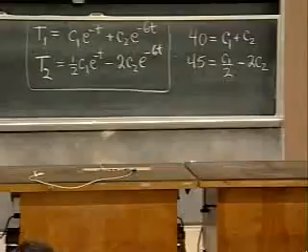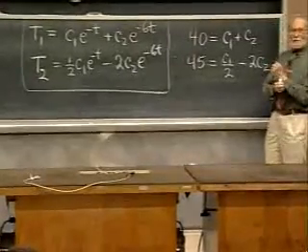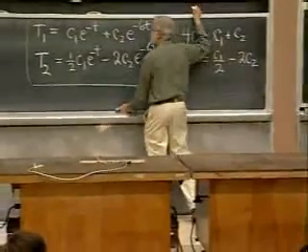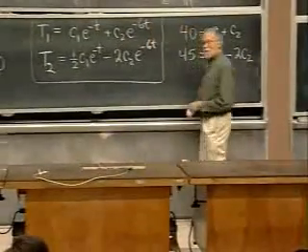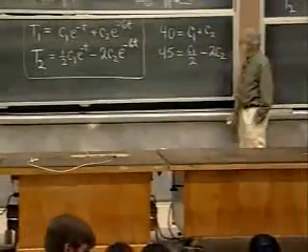Now we're supposed to solve these. Well, this is called solving simultaneous linear equations. We could use Cramer's rule, inverse matrices, but why don't we just eliminate?